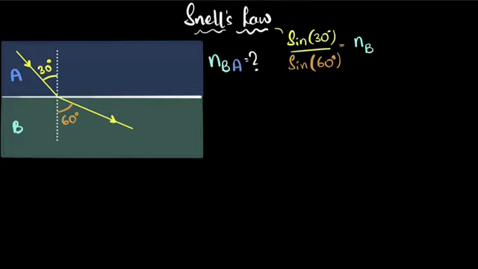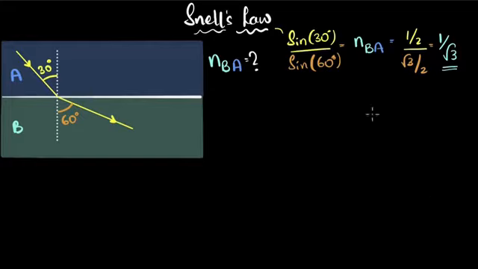But with respect to which medium? With respect to A. I can just substitute and solve this. That equals sine 30, which is half, divided by sine 60, which is root 3 over 2. That gives us 1 over root 3. And there we have it. That is the refractive index of B with respect to A.